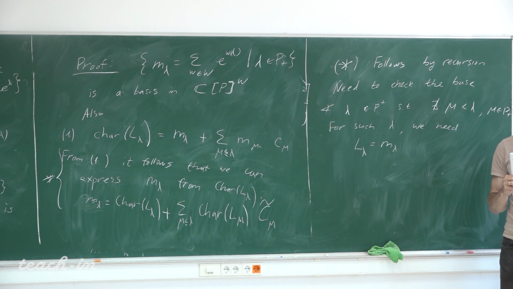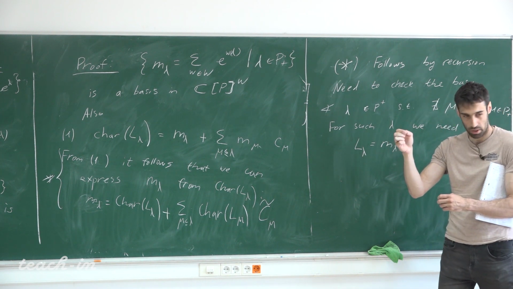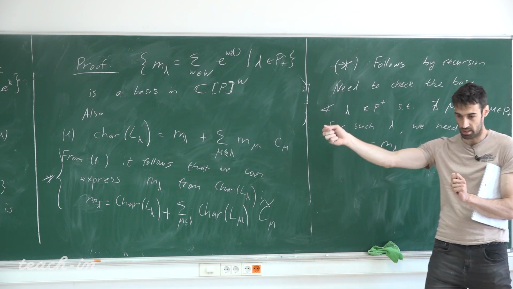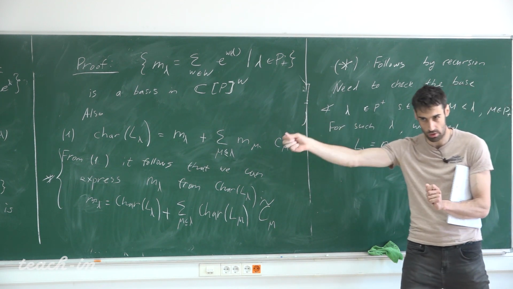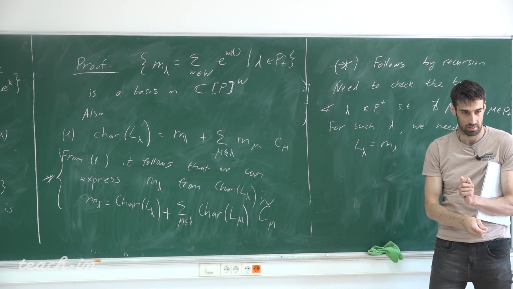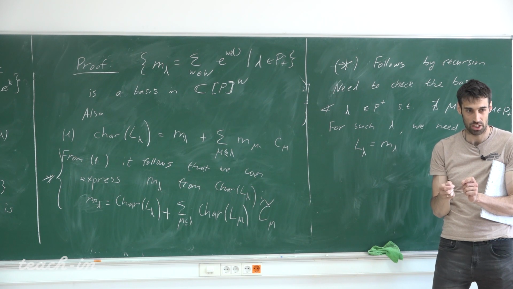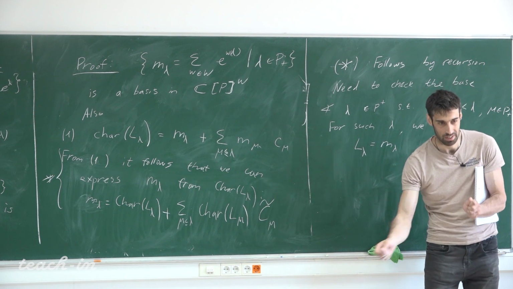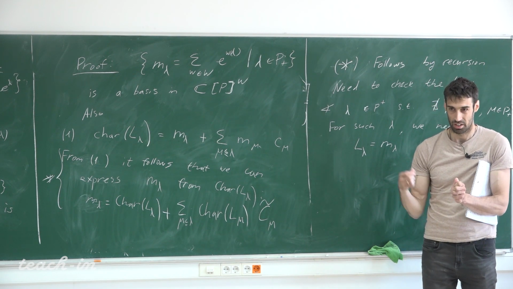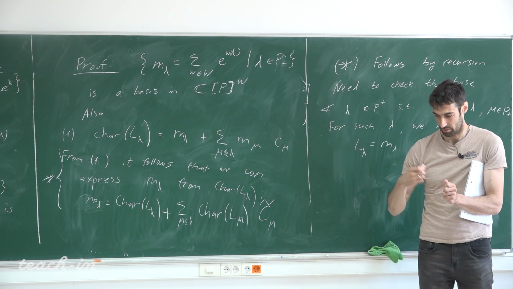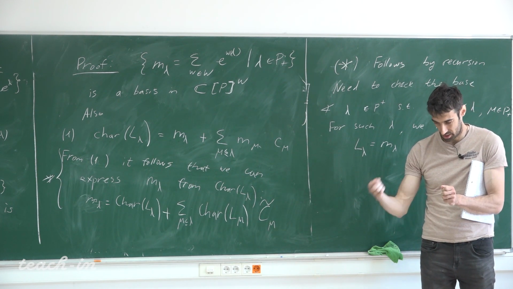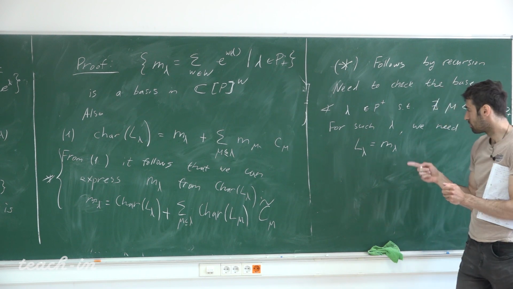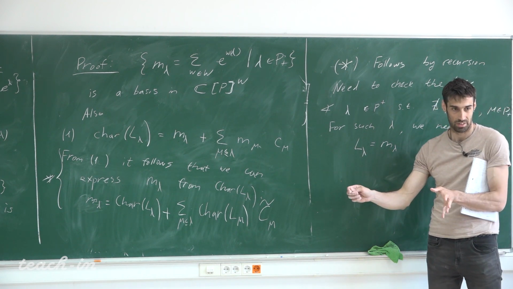But this one is easy because suppose you take a highest weight vector in P plus, right? And this just means that if you apply Fi's, you go outside of P plus, right? So there is only one weight for this representation in P plus. And the rest are given by just applying the Weyl group, because the weights of finite dimensional representations are symmetric with respect to the action of the Weyl group. Okay, and that exactly gives you that L lambda is m lambda, and there are no others.